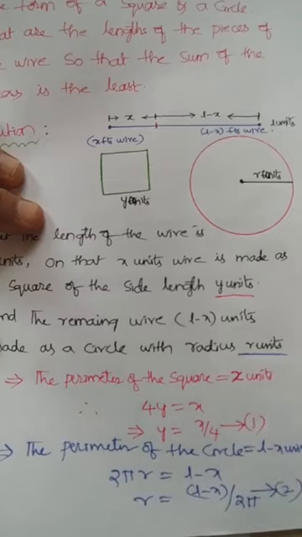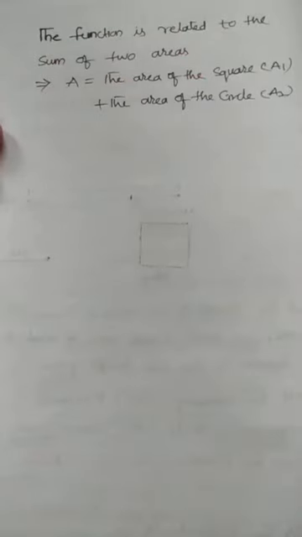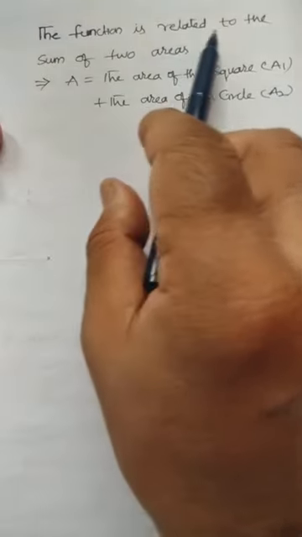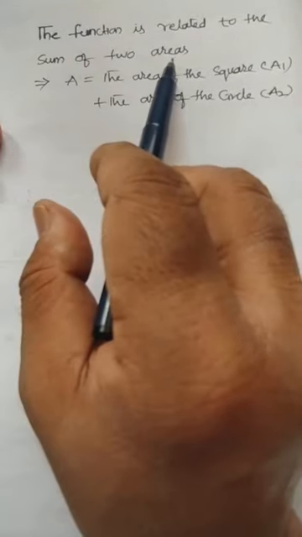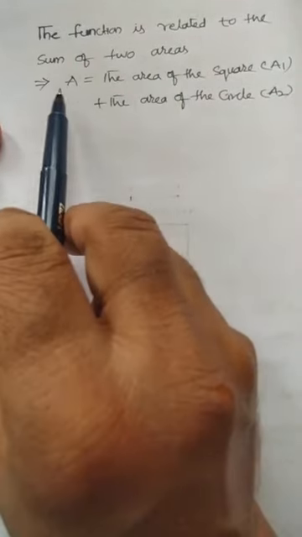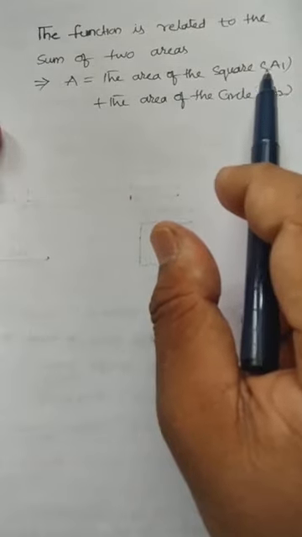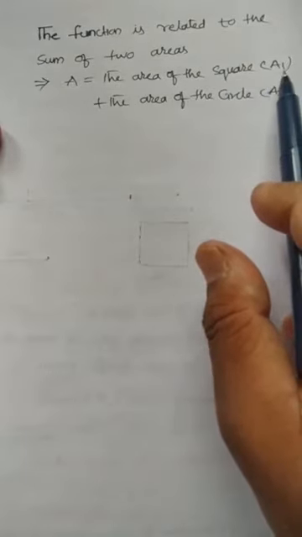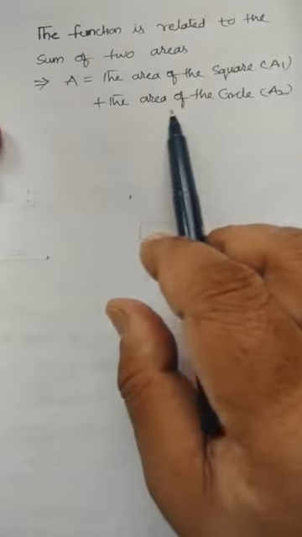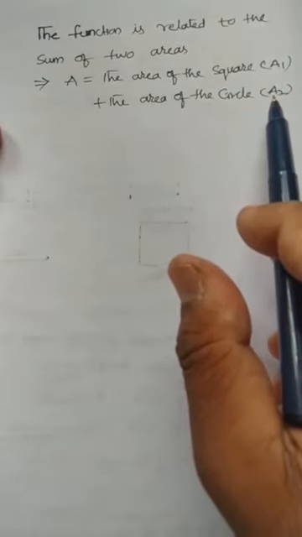Now the function is related to the sum of the two areas. What is our function? Capital A equals the area of the square, which I indicate as capital A1, plus the area of the circle, which I indicate as capital A2.